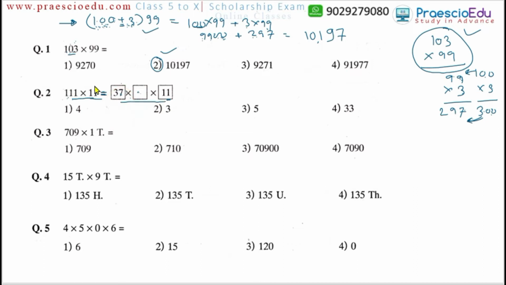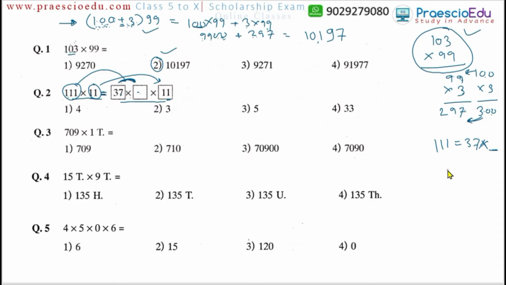But here 11 will be as it is, means 111 is split in these two multiplications. So 111 is equal to 37 multiplied by some number. So what exactly is that number?